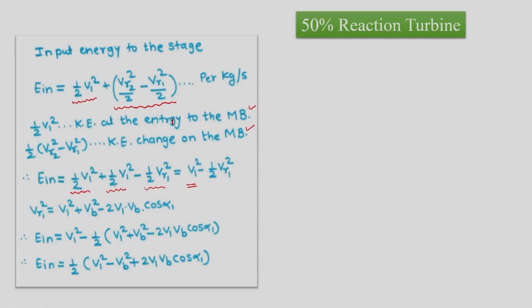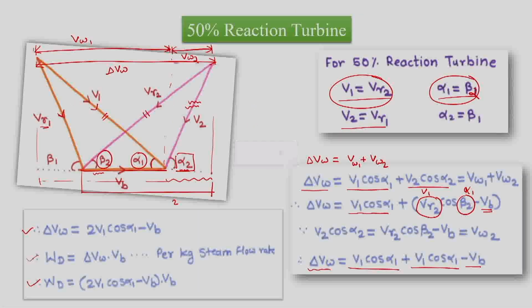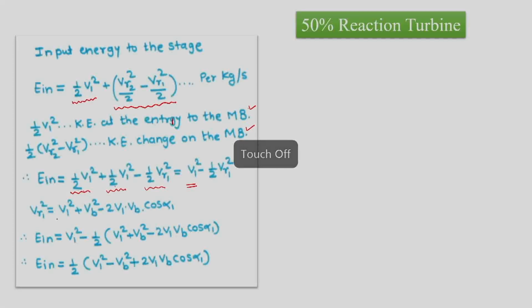But if we go back and see what is VR1, from the velocity triangle we can write down VR1 square is equal to V1 square plus VB square minus twice V1 VB cos alpha 1.